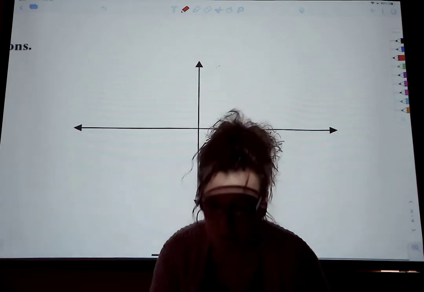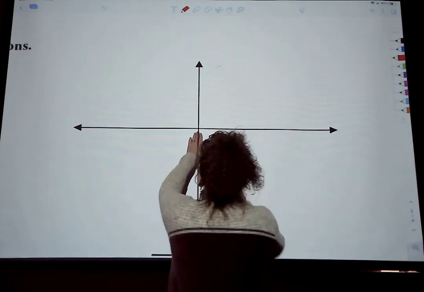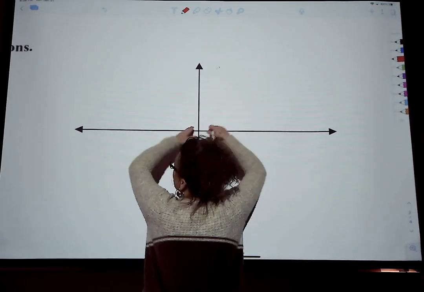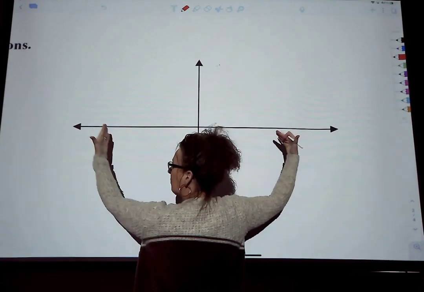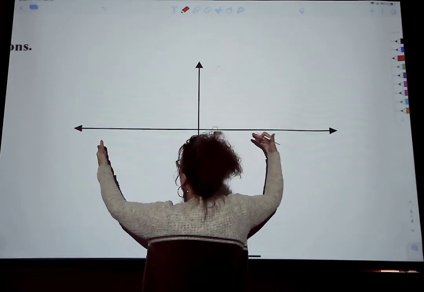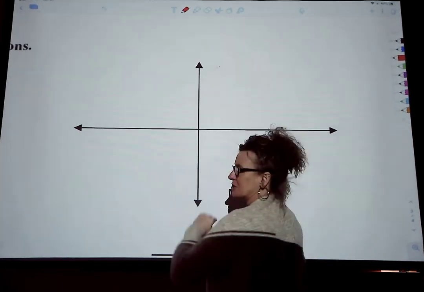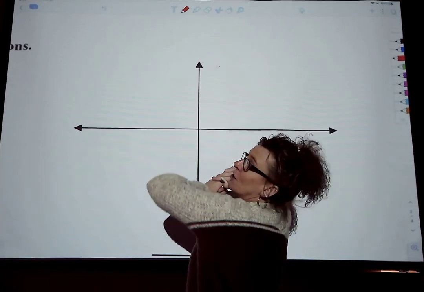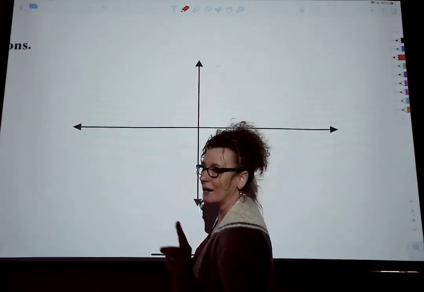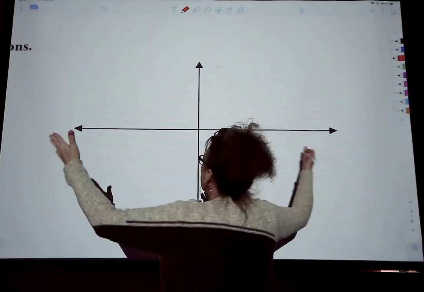So here we go, ready? Let's draw your asymptotes first. Center at the origin, here's what I want you to do. I want you to span a width of 2 pi. I don't mean go 2 pi this direction and 2 pi this direction, because that would have a width of 4 pi. That's too wide. I want your width to be 2 pi.